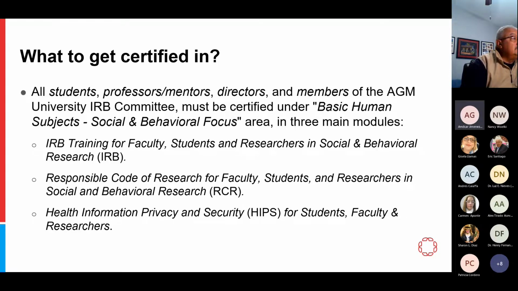And everybody should have 3 main modules: the IRB training for faculty, students, and researchers in social and behavioral research, the RCR, or Responsible Conduct of Research, for faculty, students, and researchers in social and behavioral research, and the HIPS, which is the Health Information Privacy and Security for students, faculty, and researchers. HIPS is the substitute for what used to be HIPAA.